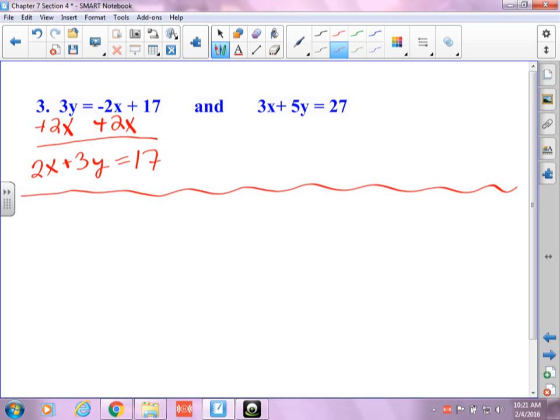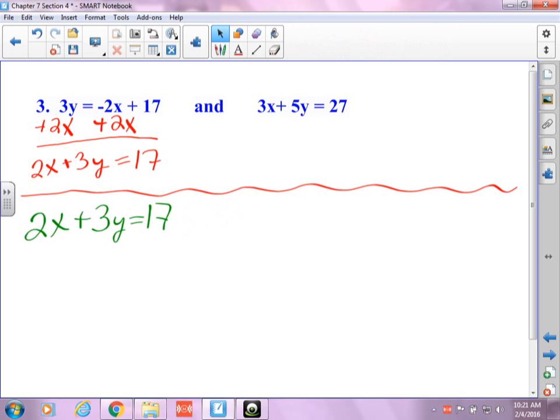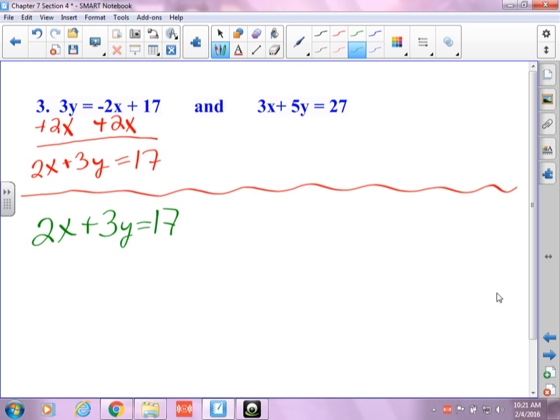Okay, so I did that. Now I'm going to line them up. So 2x plus 3y equals 17, and 3x plus 5y equals 27.